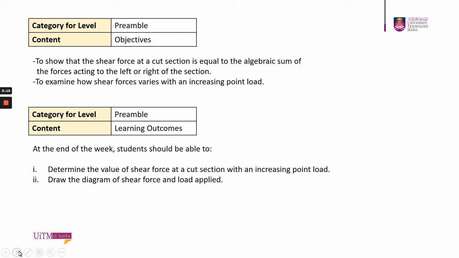The second one is to examine how shear force varies with an increasing point load. As the learning outcome, at the end of this experiment, students should be able to determine the value of shear force at a cut section with an increasing point load and draw the diagram of shear force and load applied.